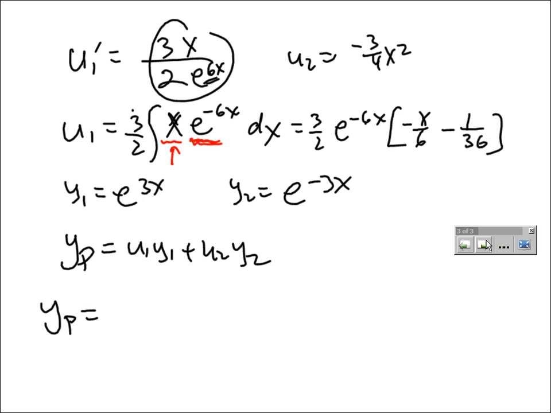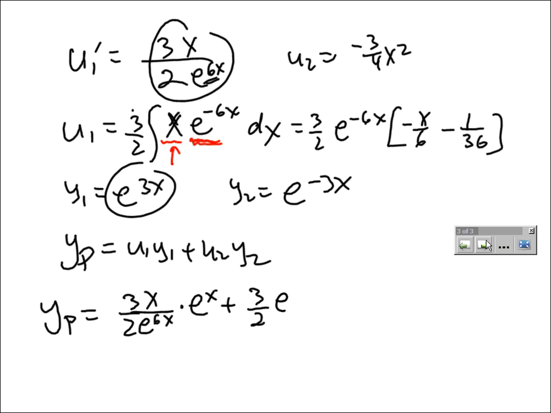So now it's simple. u1 is 3x over 2e to the 6x times y1, which is e to the 3x, plus u2, which is 3/2 times e to the negative 6x times negative x over 6 minus 1 over 36.